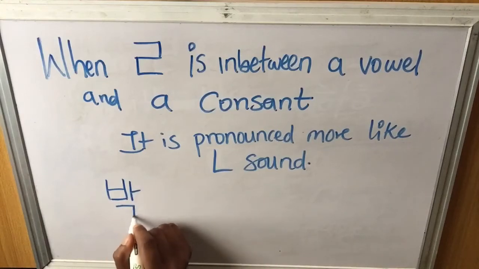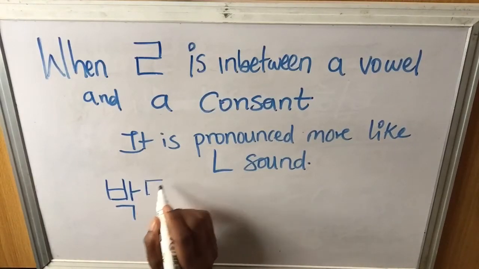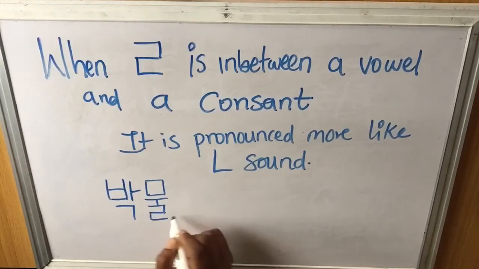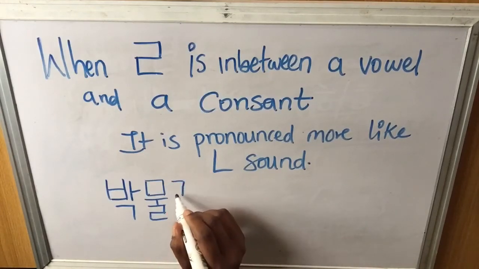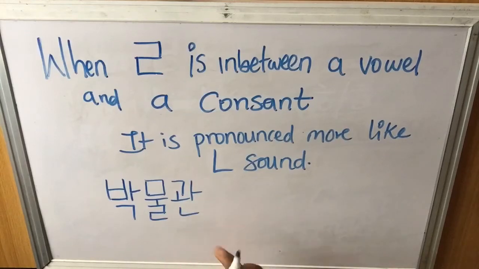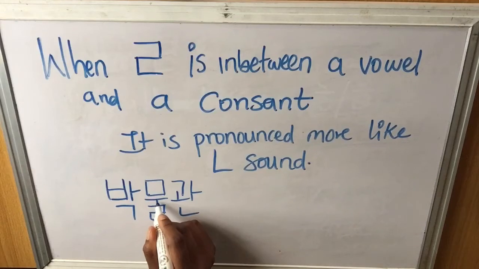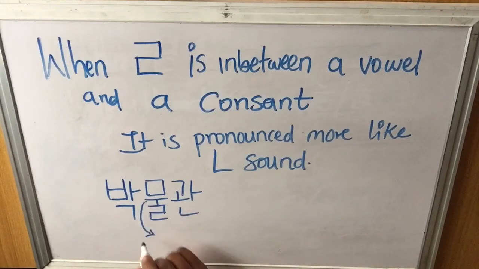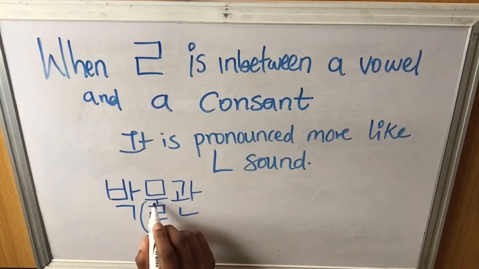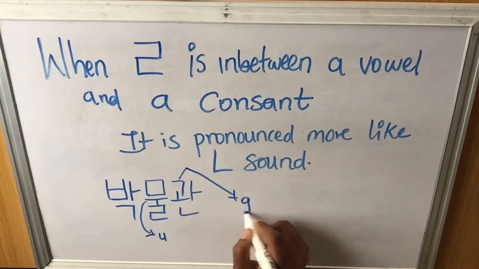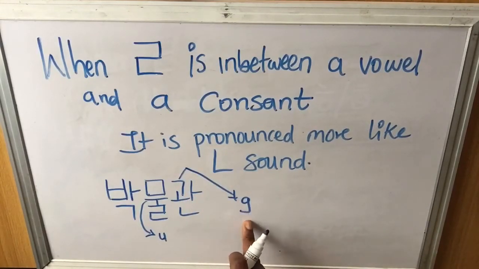박물관. Rieul is followed by this, which is an U sound, and this is a G sound.